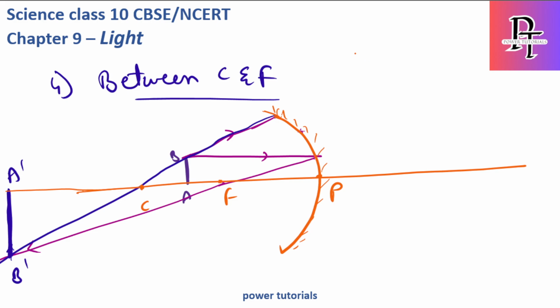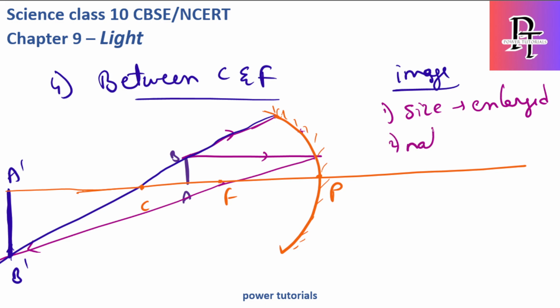So now if I write the image properties: first, size, now it got enlarged. Second, nature, again it is the same, real and inverted.